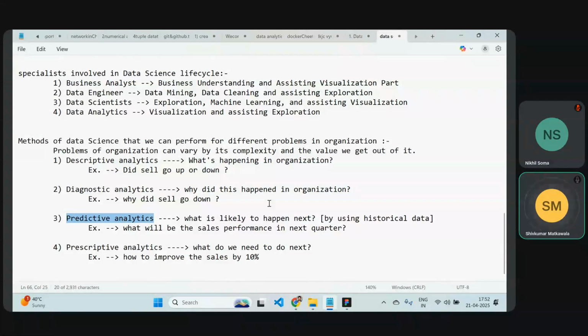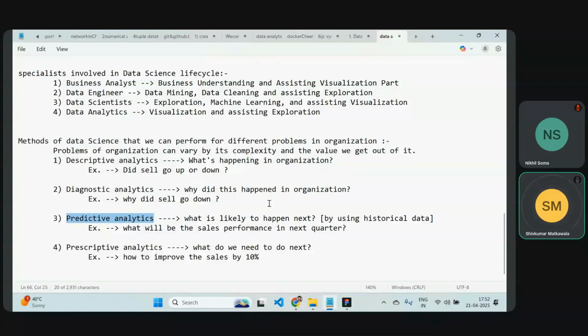After predictive analytics, you got to know what the performance will be. But now comes the question with the highest value: I want to improve my business.